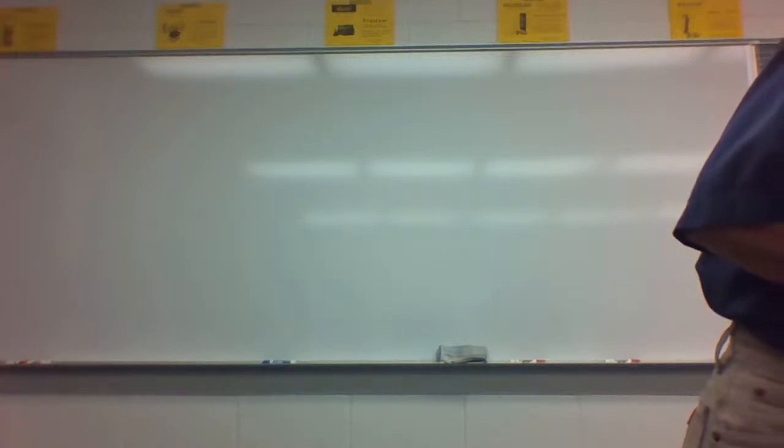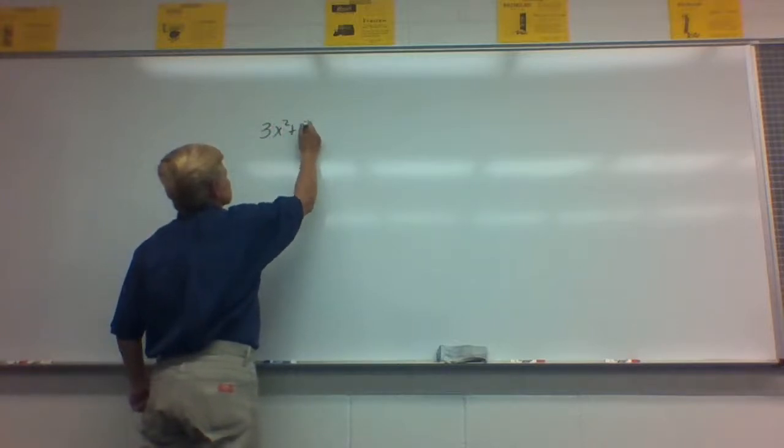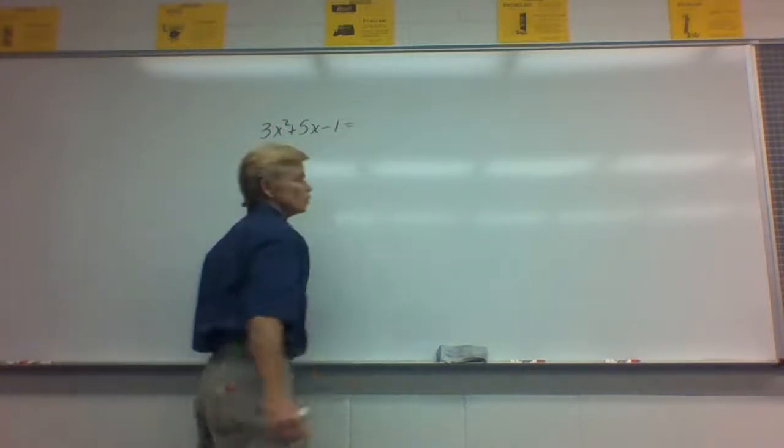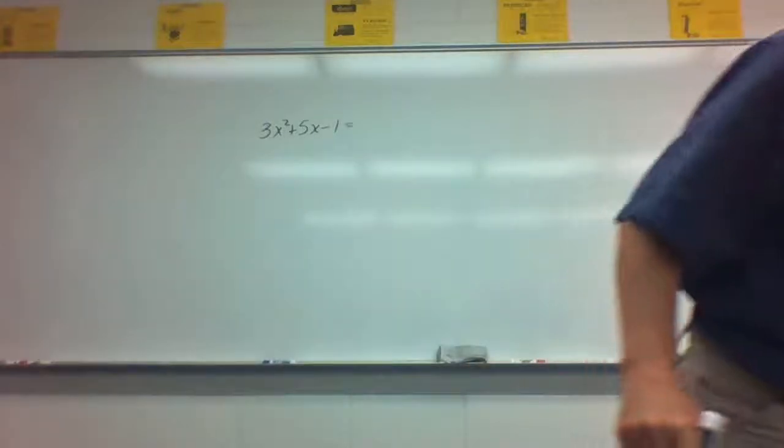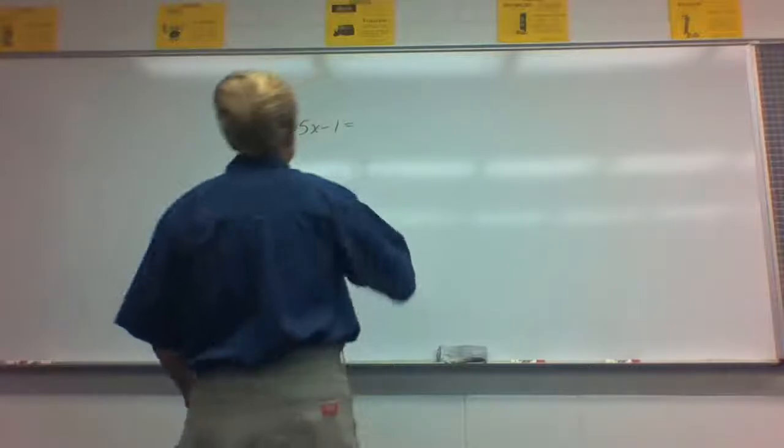What we're trying to do is solve the equation in A, where there's 2 equations we're going to solve. One of them is 3x squared plus 5x minus 1 equals negative x squared plus 2x plus 1.